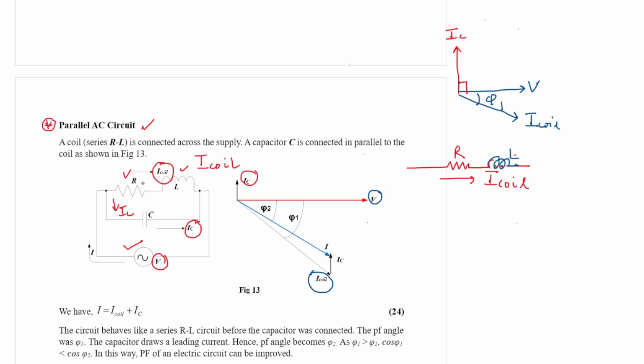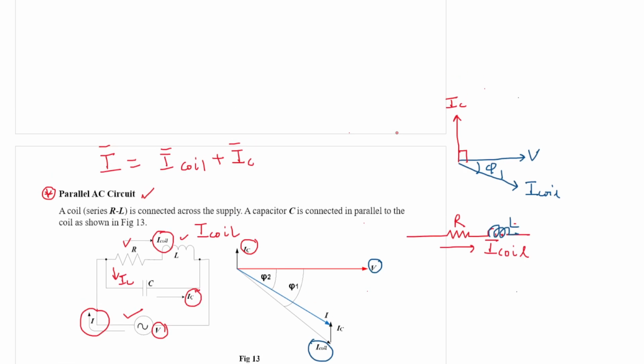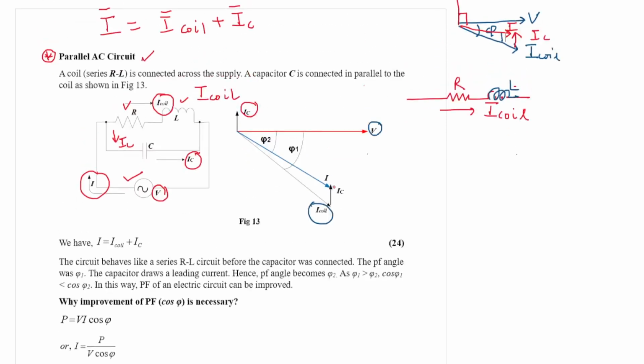Now the phasor summation of I coil and IC becomes the supply current. So this supply current I will be the phasor summation of I coil and IC.